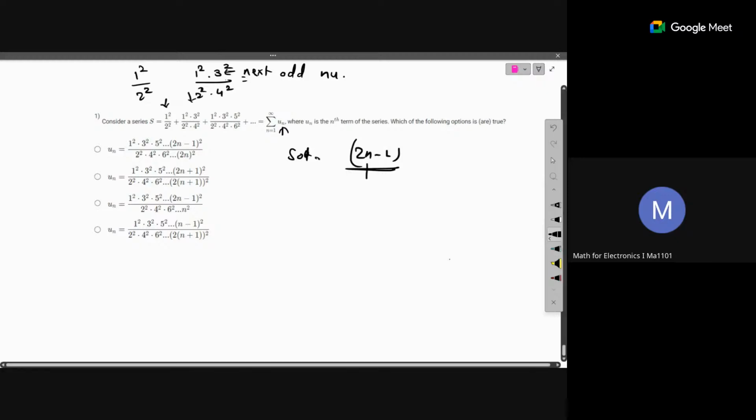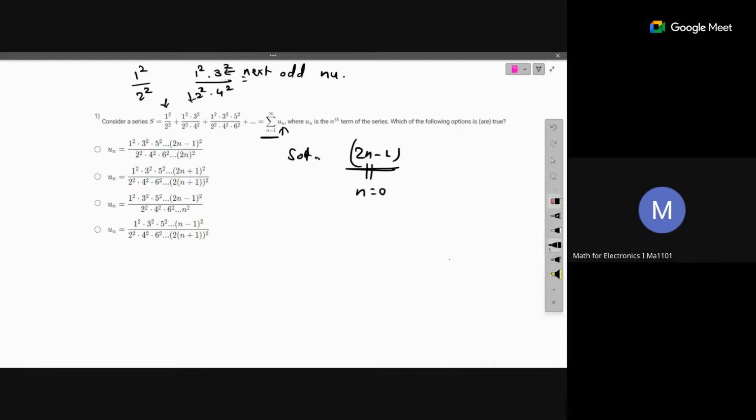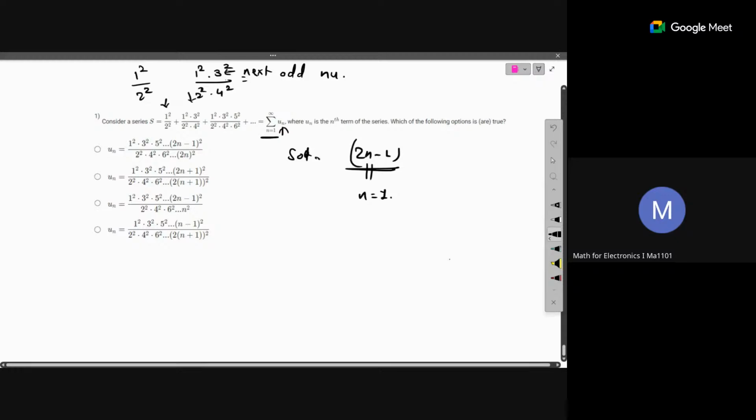If you consider this expression, you can construct all the odd numbers starting from 1, because here n is ranging from 1. If I take n equals 1, 2n minus 1 will be equal to 2 minus 1, which is 1. n equals 2 implies 2n minus 1 is 3.